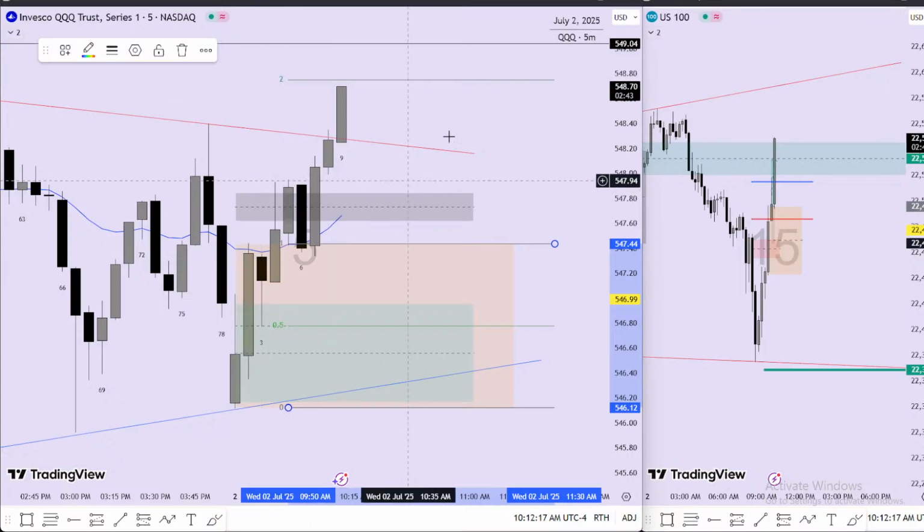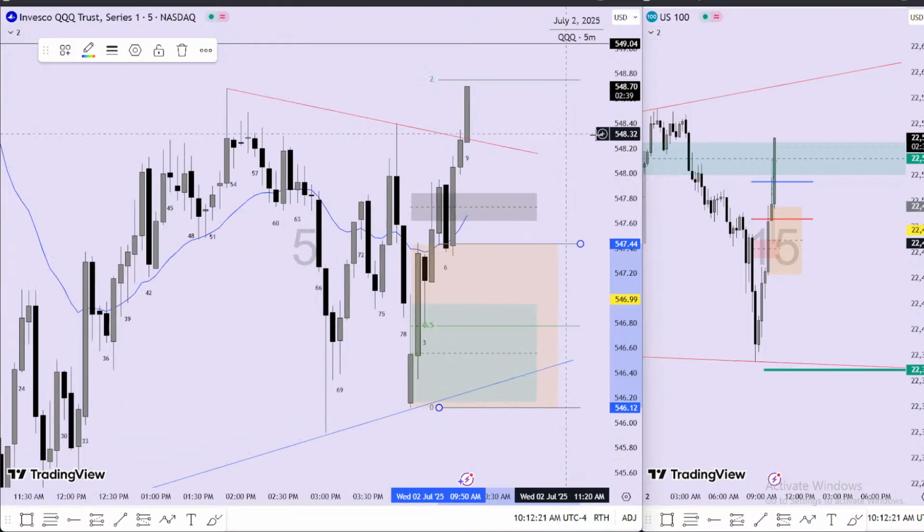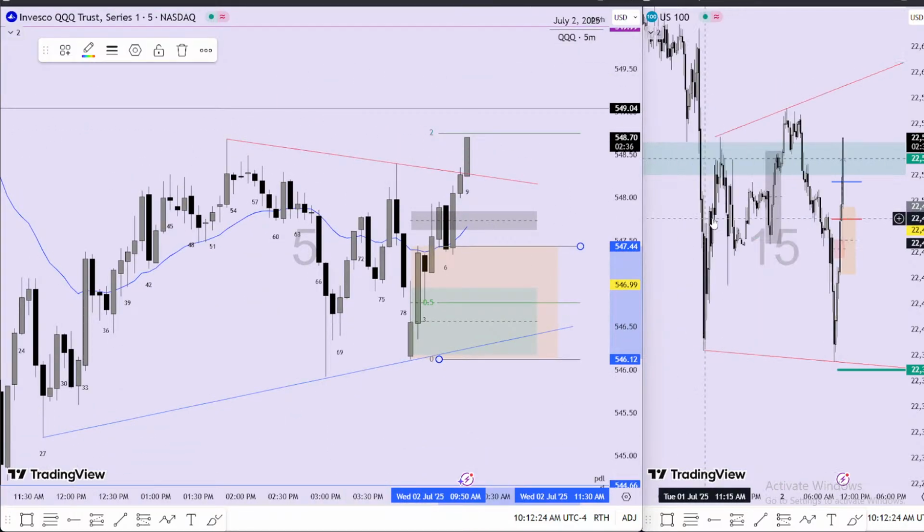We have also reached the full standard deviation of the initial range. That's nice.